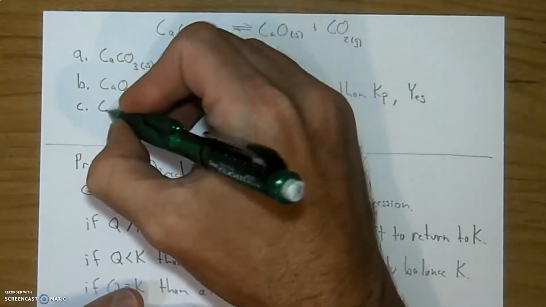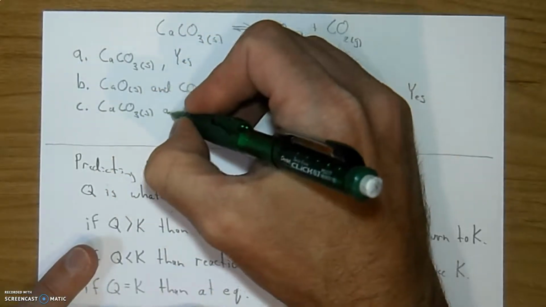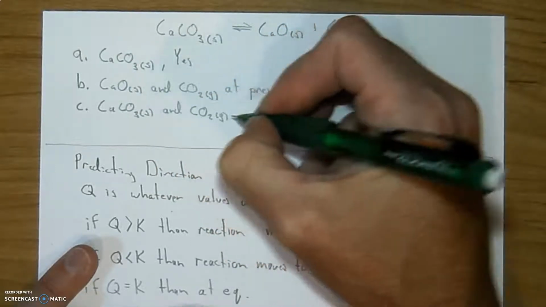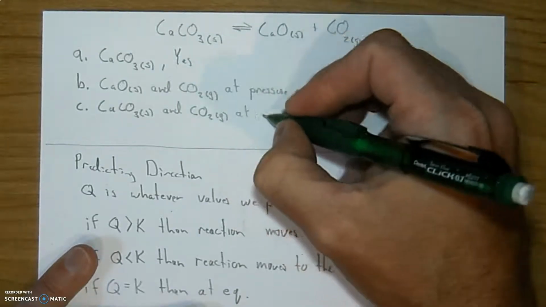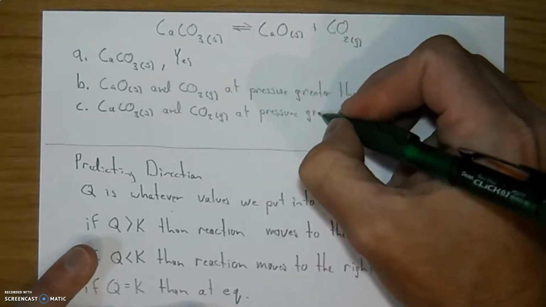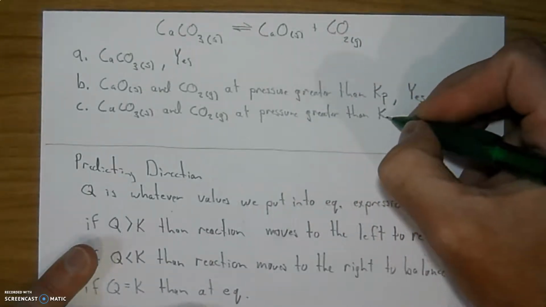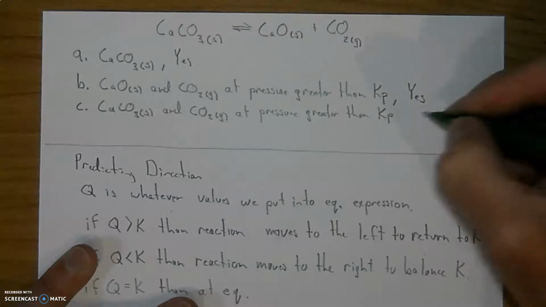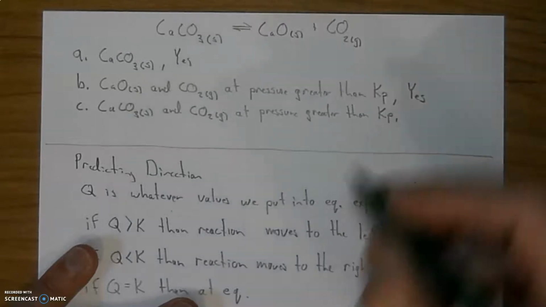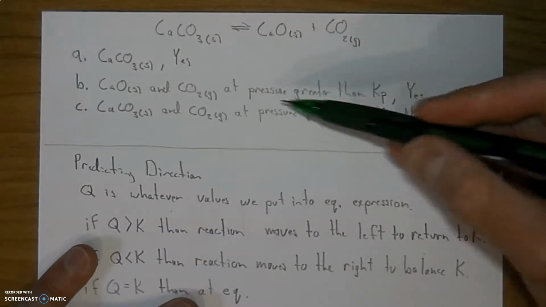C, calcium carbonate is present and carbon dioxide is present at a pressure greater than Kp. Will I establish equilibrium? And the answer is, surprisingly, no. Now, you may think, well, yeah, because it wants to go.